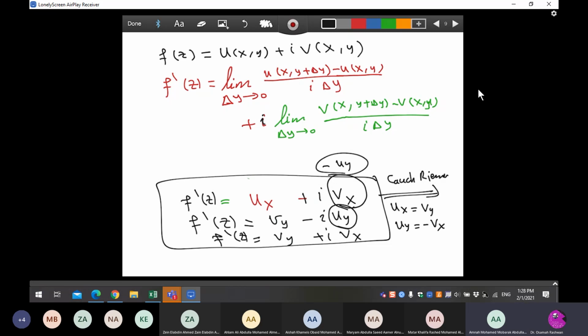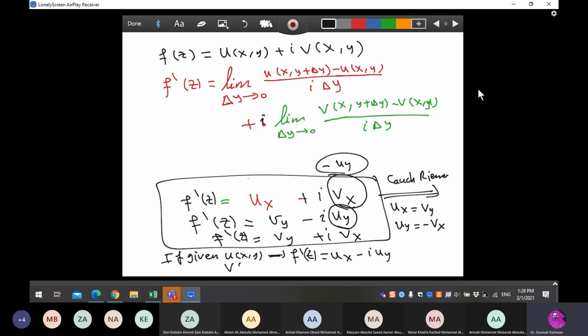So this is the point of using Cauchy-Riemann. If you are given u(x,y), you have f dash of z equal to ux minus i uy, right?